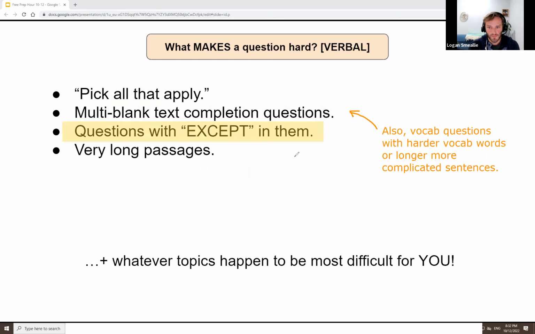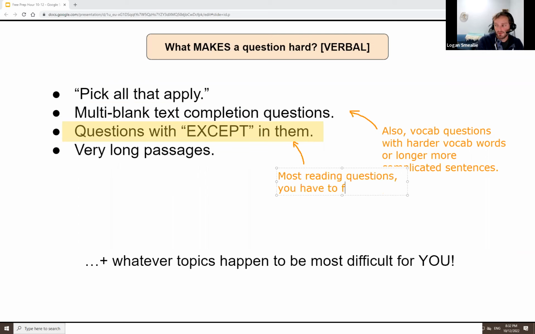If you have a question that says something like, all of these are supported by the passage except which one? Most reading questions, you have to find proof of one answer. Here, you have to find proof of all 4 incorrect answers.